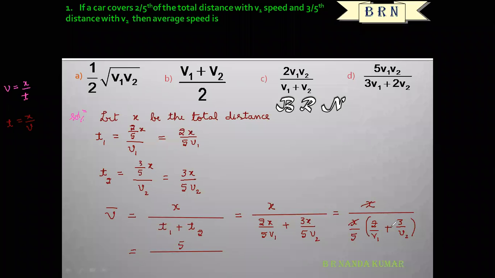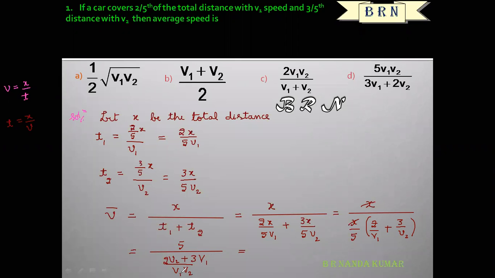Here the LCM is V1 V2. 2 into V1 cancels, leaving 2V2, plus 3 divided by V2 into V1, so V2 cancels, the remaining is 3V1.